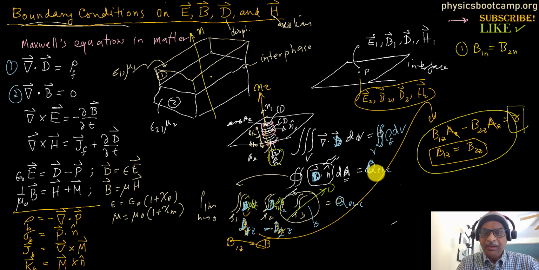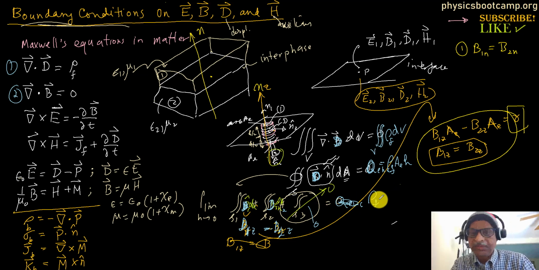So what is Q enclosed? Q enclosed is rho f and the volume. So this is the area of the end times the height. So Q enclosed is rho f times the volume, AE and height.